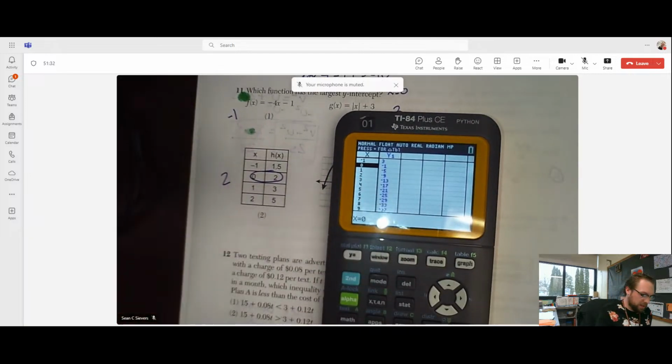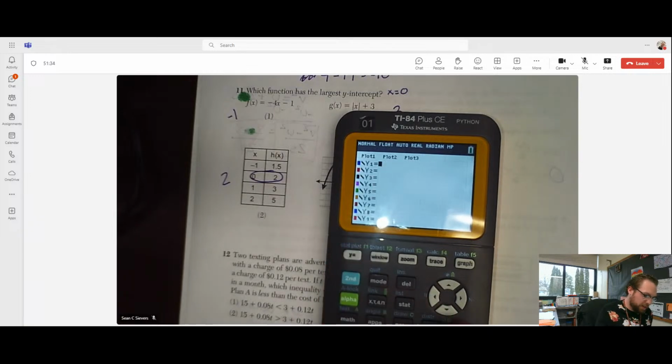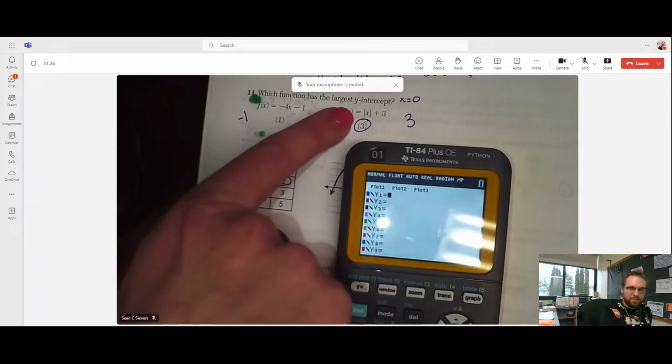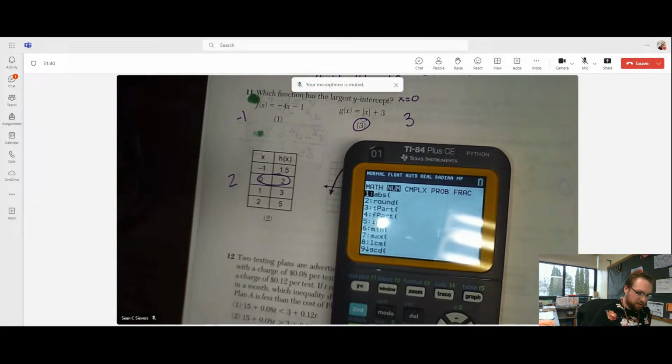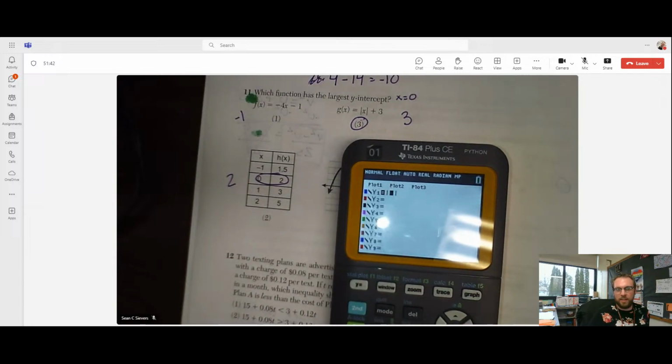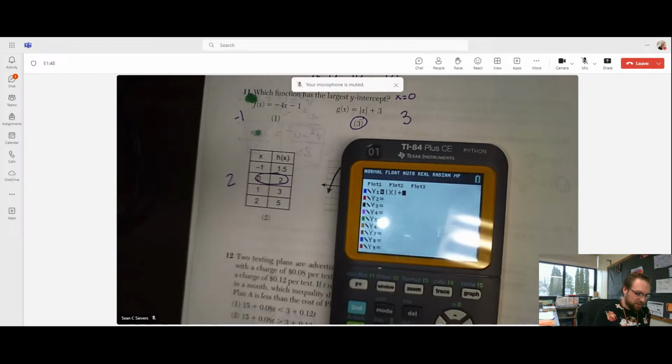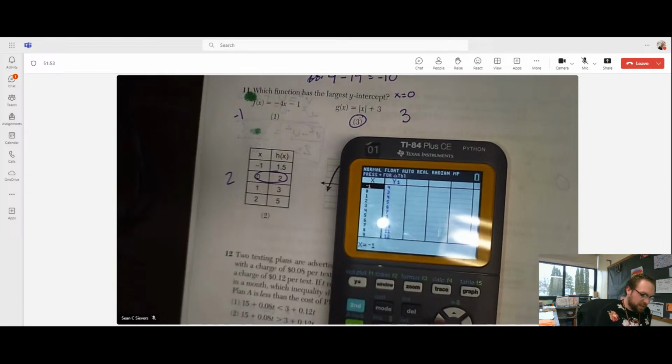Okay. Now for answer choice 3, this absolute value of x, math, right arrow, enter, gives us that absolute value. Type in x, right arrow out of the absolute value, and then plus 3, hit second graph, and then find where x is equal to 0.